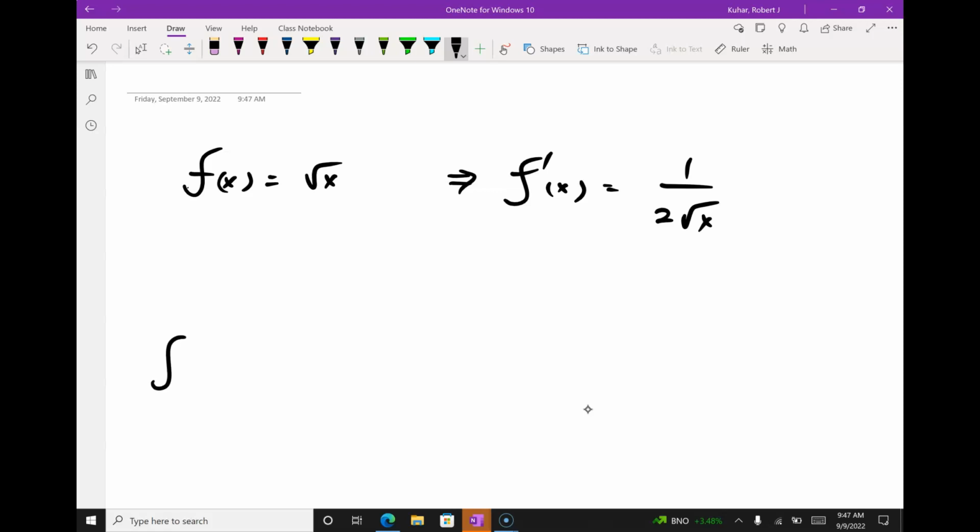But if I put a horizontal shift on it, so I'll say g of x, a different function, and I'll move it where? To the right or to the left? To the right. So it's going to take my square root function and move it 2 to the right. Guess what the derivative is? Oh, g prime of x, sorry.